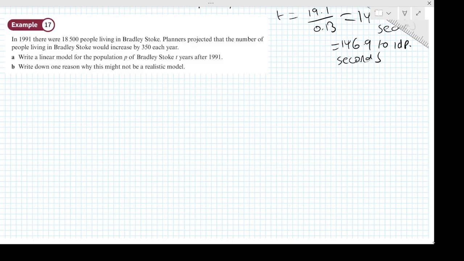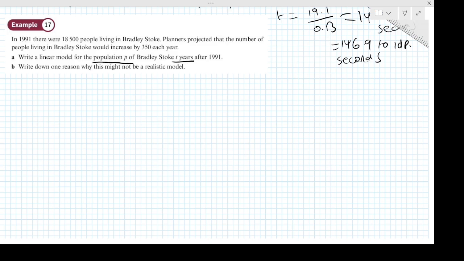Okay, so there are problems like this as well, where you have to come up with the equation yourself, kind of like what we did, but this time they still give you information, but you have to work it out using the information. So, a linear model, first of all, for the population P, T years. Firstly, I always like to underline my units.